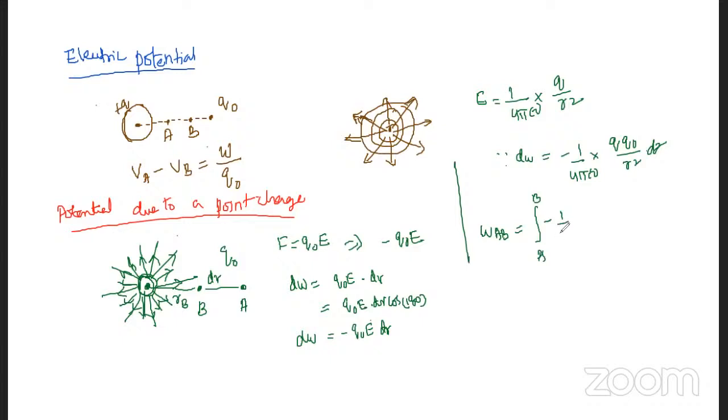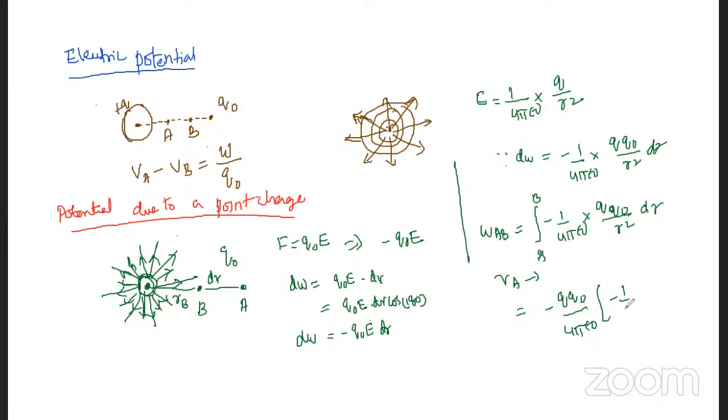A to that Q. Therefore, RA is nothing but the distance of point A. So therefore, if you integrate and substitute the limits, Q naught is constant, 4 pi epsilon naught is constant.